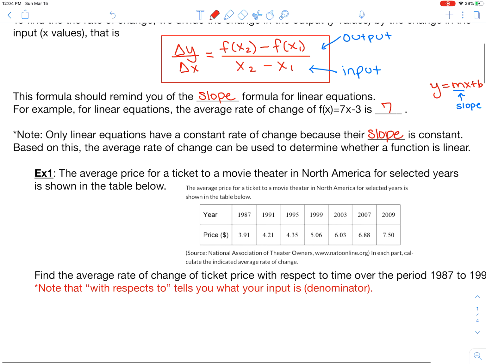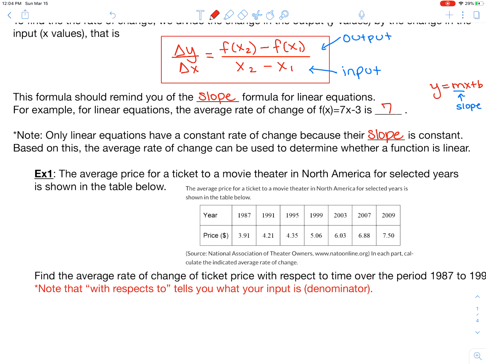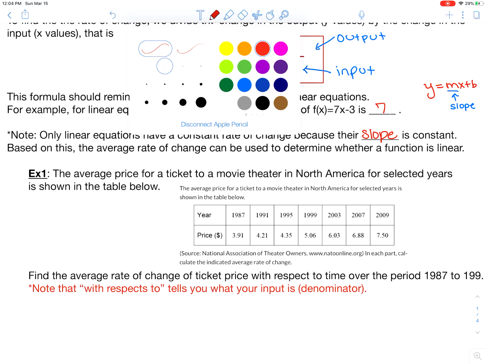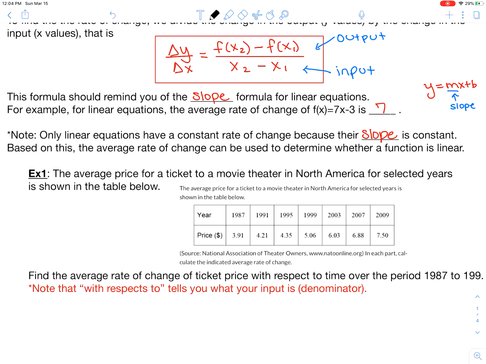For example, the average price for a ticket to a movie theater in North America for selected years is shown in the table below. Find the average rate of change of ticket price with respect to time over the period. Oh, that should say 1999. Sorry about that, that's a typo. Make sure you change it in your lecture notes.